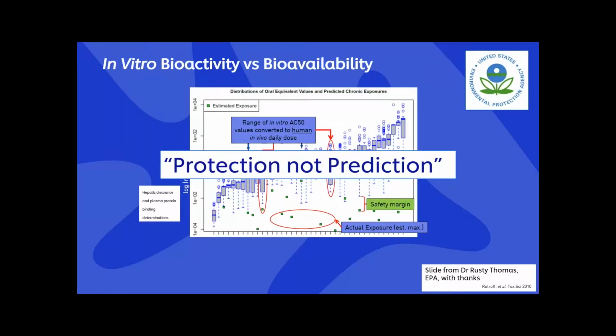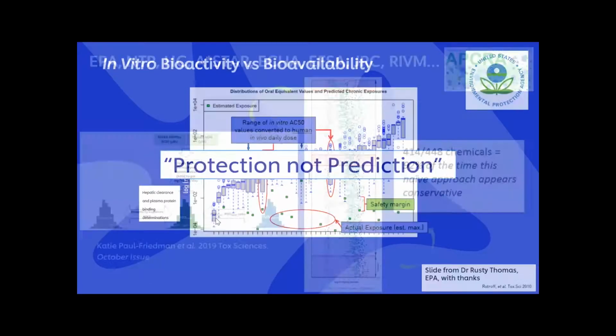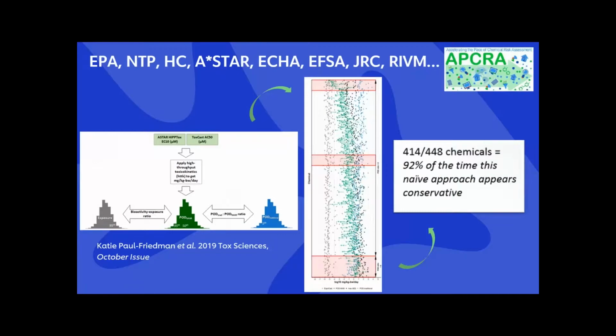So on this chart here, we've got a comparison of in vitro and in vivo points of departure. And if you haven't read this paper from last October's issue of Toxicological Sciences, I'd strongly recommend that you do, because what this shows is that for 92% of the chemicals that were evaluated in this exercise, the in vitro point of departure was more conservative than the in vivo point of departure.